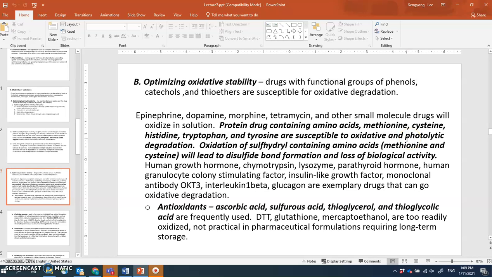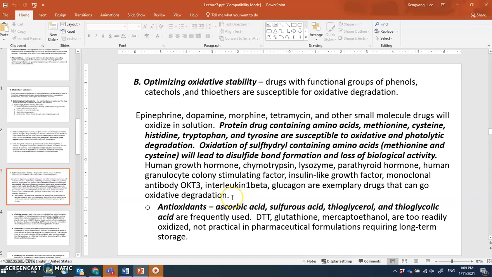Examples are human growth hormone, chymotrypsin, lysozyme, parathyroid hormone, human granulocyte colony stimulating factor, insulin-like growth factor, monoclonal antibody OKT3, interleukin-1 beta, and glucagon, which are exemplary drugs that can go through oxidative degradation. So you have to be concerned with their special formulation.